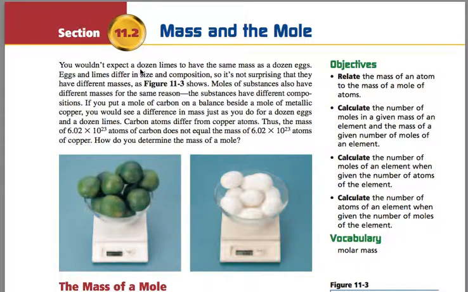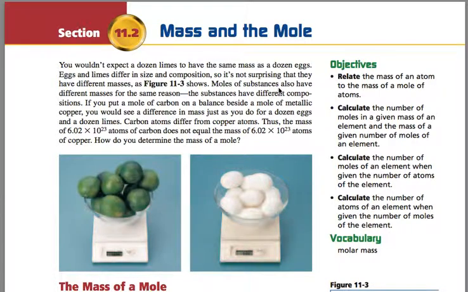You wouldn't expect a dozen limes to have the same mass as a dozen eggs. Dozen, remember, is 12 items. Eggs and limes differ in size and composition, so it's not surprising that they have different masses, as figure 11-3 shows. Okay, 12 limes, 12 eggs, different mass.